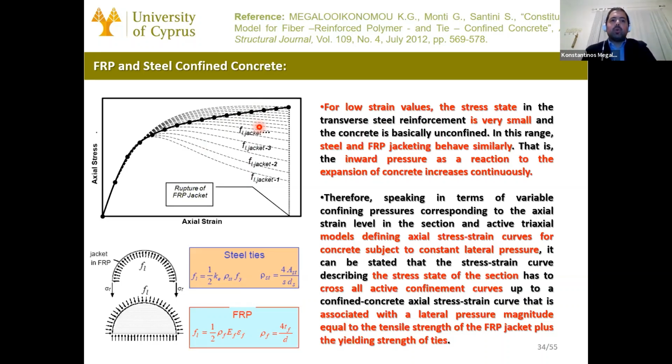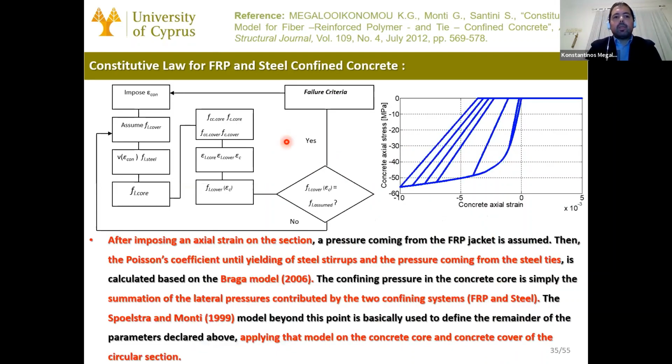And so a model was developed for FRP and steel confined concrete in circular sections, and it's again an iterative procedure.